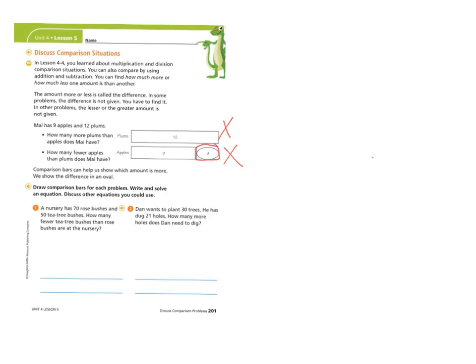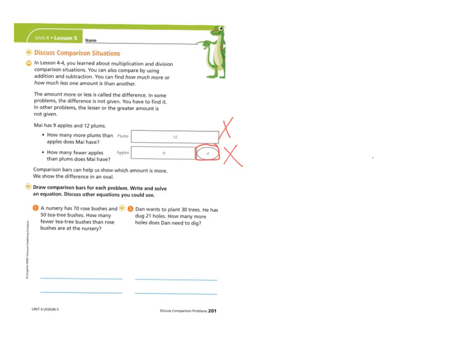So this D right here is the unknown. That's the answer. So these comparison bars demonstrate how you would represent the numbers in this problem. We're going to do number 1 and number 2 together. The directions say to draw comparison bars for each problem. Write and solve an equation. Discuss other equations you could use.